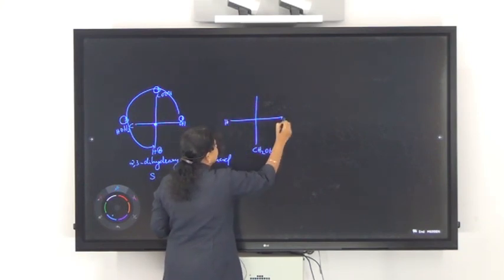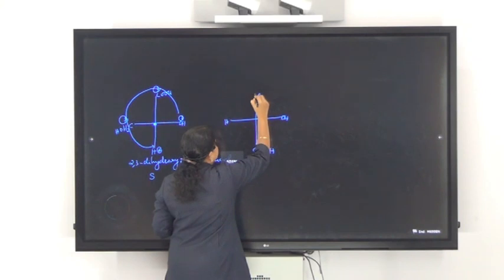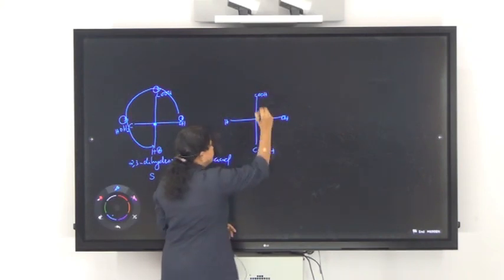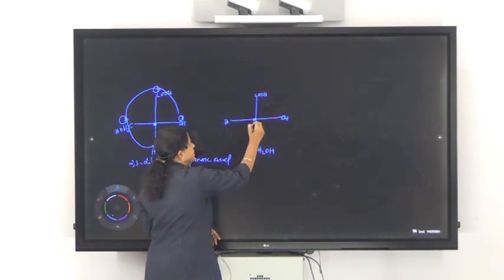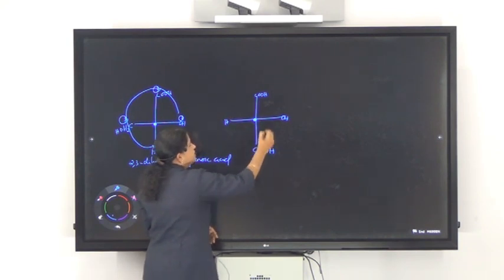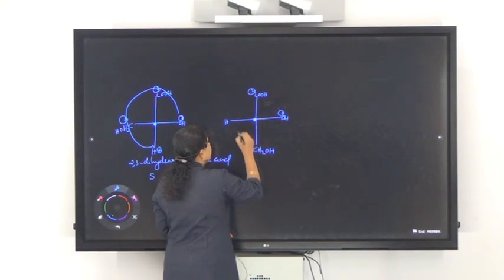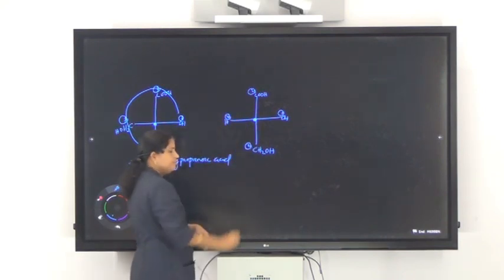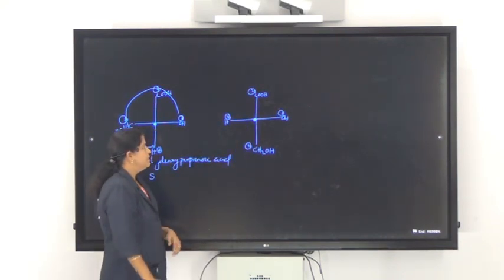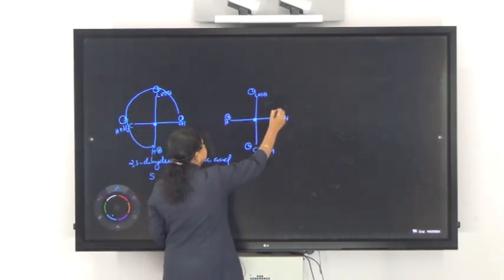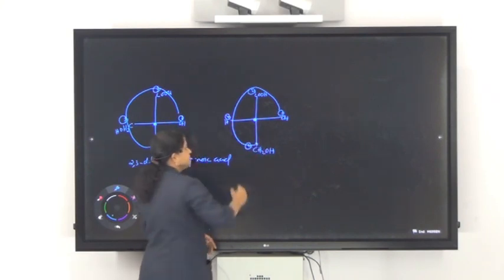Then consider another example. CH2OH, CHOH, COOH. This is the asymmetric carbon. Then assign the priority. This is the first priority, this is the second priority, this is the third one, and this is the lowest priority according to our rule. Then the priority sequence is 1, 2, 3.